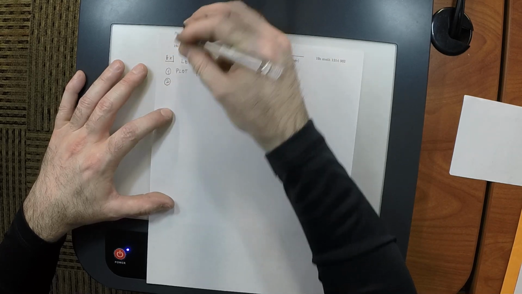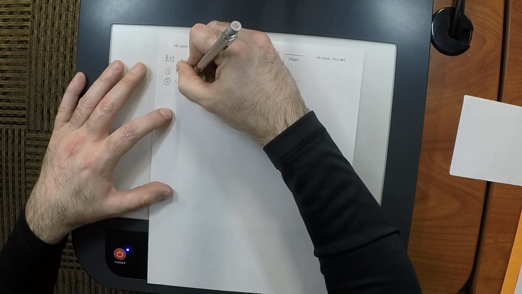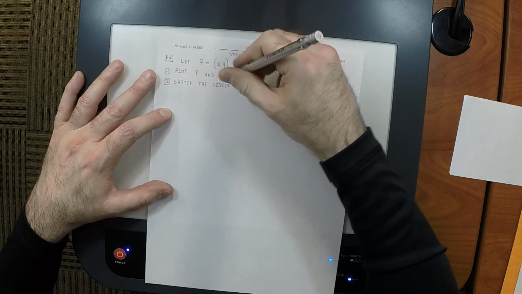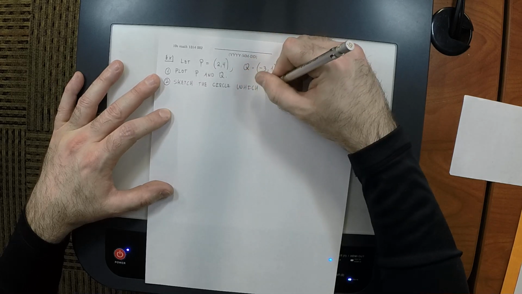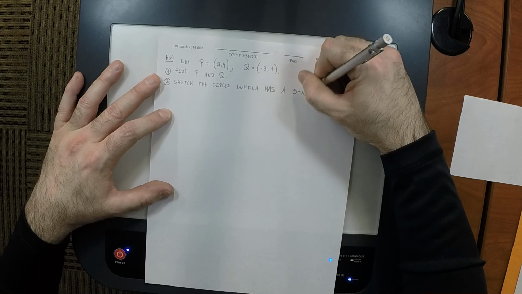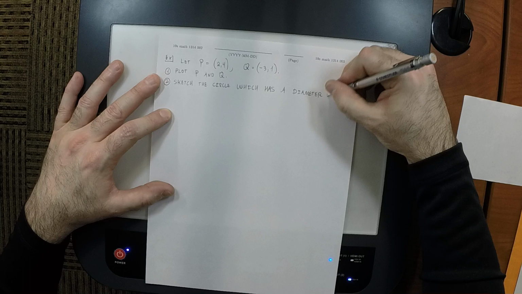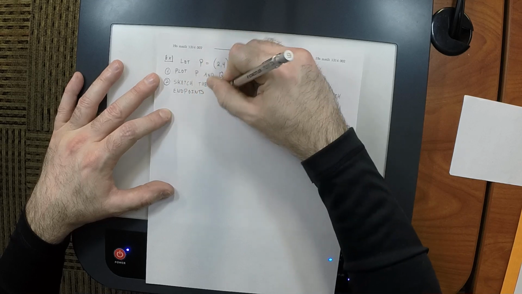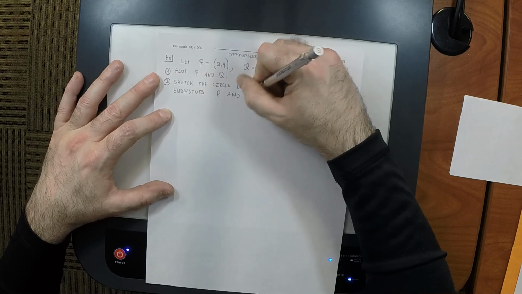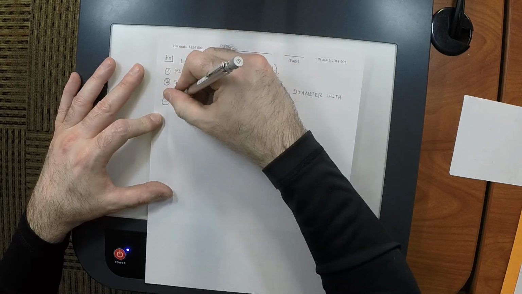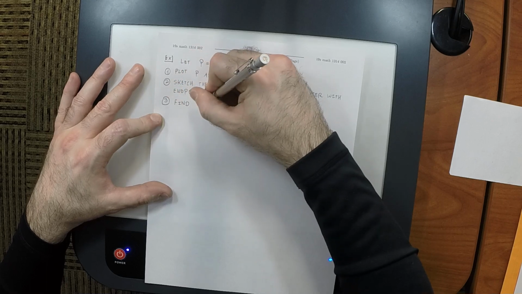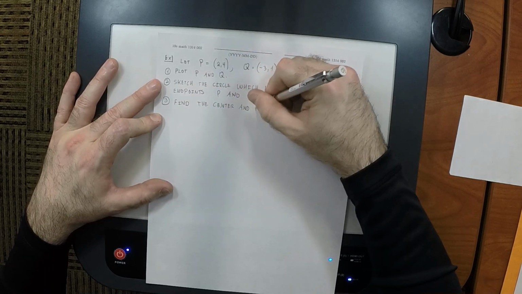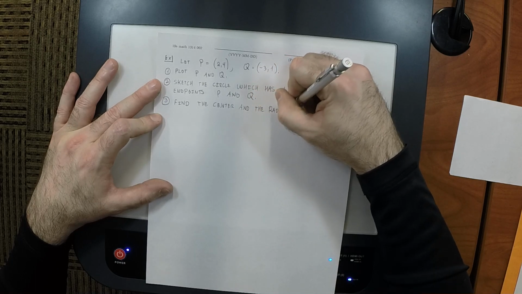2. Sketch the circle which has a diameter with endpoints P and Q. And then 3, find the center and the radius of the circle.